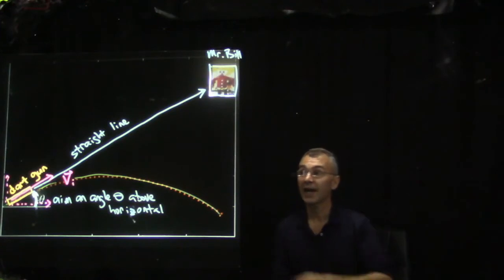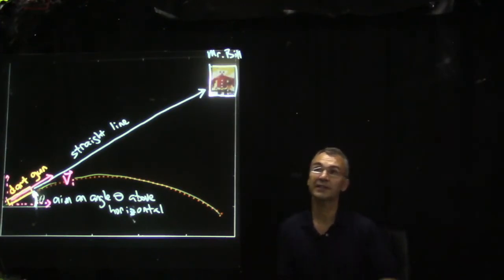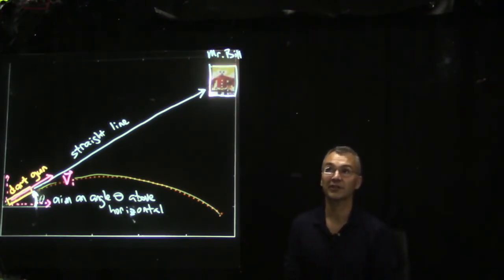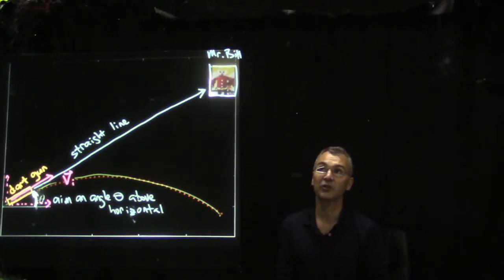But at the very instant that the dart is released from the dart gun, Mr. Bill is frightened by the sound of the release of the dart from the dart gun, and he lets go of the tree branch with his hands, and he begins to fall down at an acceleration g.